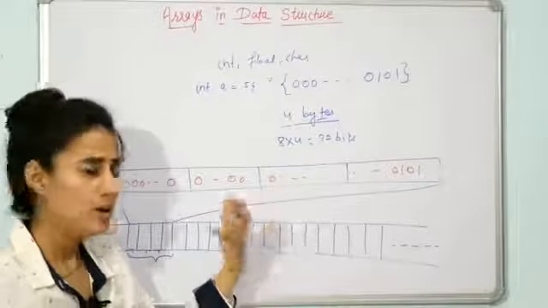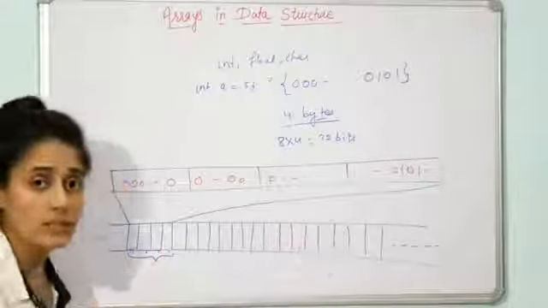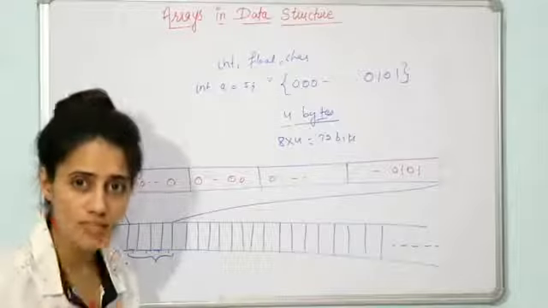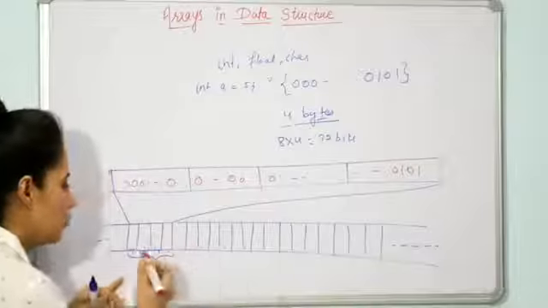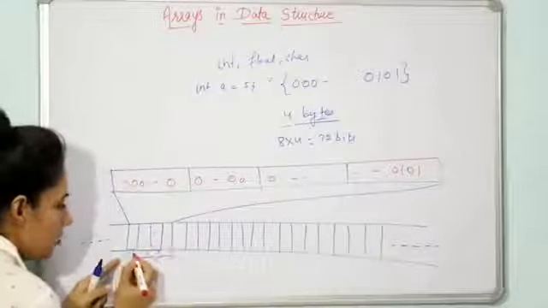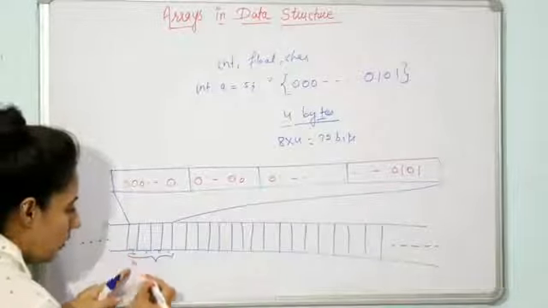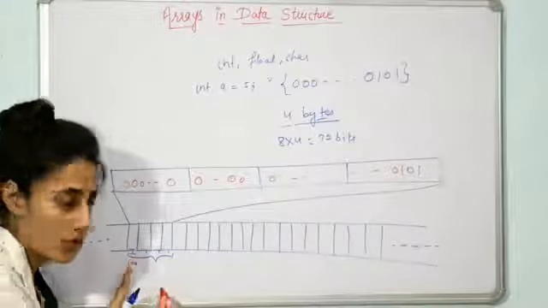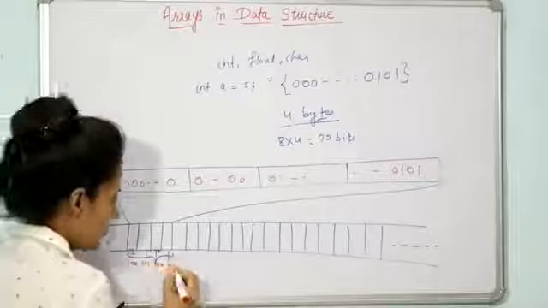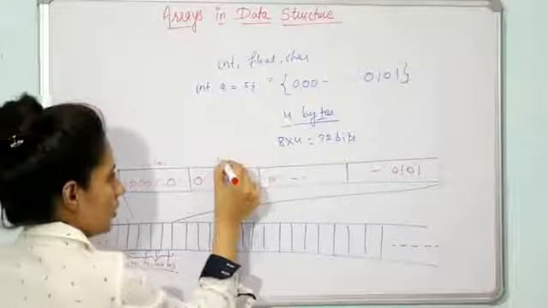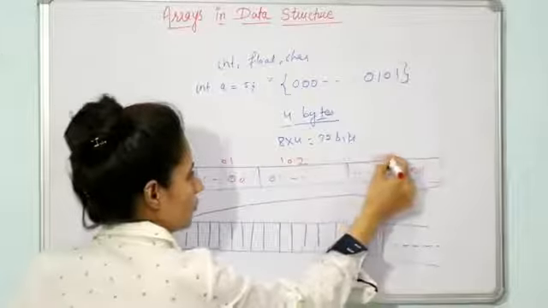Fine. And suppose, see, address is always in hexadecimal form. But here for simplicity purpose I am taking, let us suppose the address of this byte is 100. So address of this byte would be 101, 102 and 103. So it's 100, 101, 102, 103.